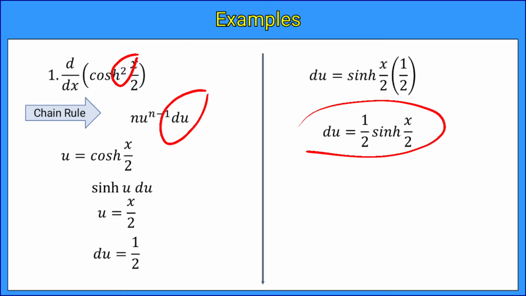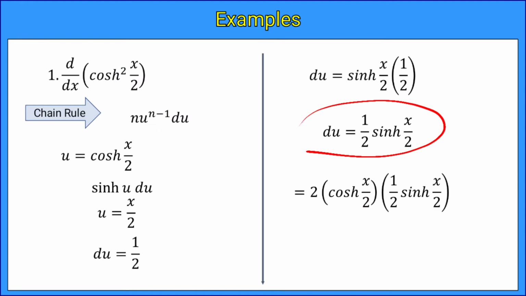Then write down the u as well, and then our exponent 2, we're going to deduct 1 from it, so our exponent will become only 1. So our equation will become 2 times our u, which is cosine x over 2, times our du, which is 1/2 hyperbolic sine x over 2. I'm sorry, I read this as cosine x over 2, but this can be read as hyperbolic cosine x over 2.